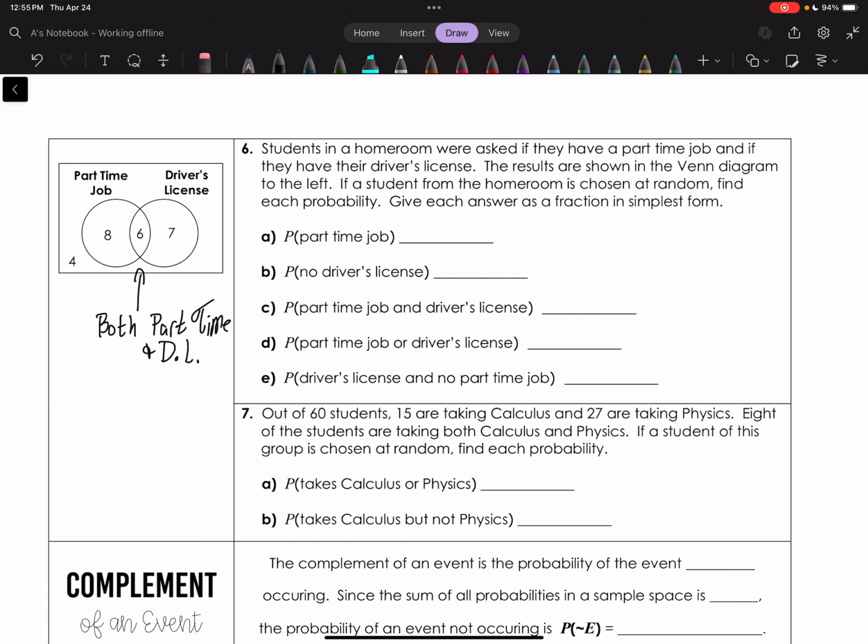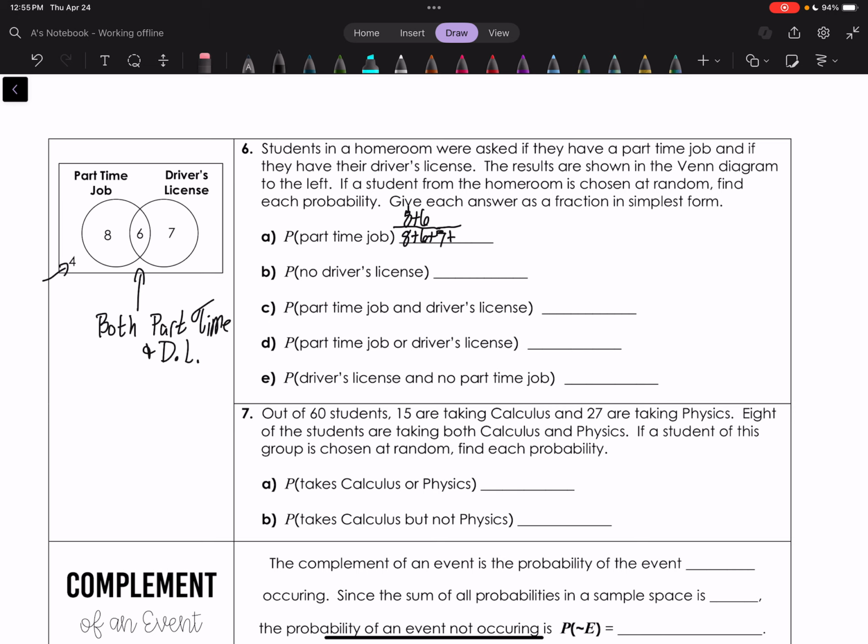So for a part-time job, I'm going to have the 8 that have just a part-time job plus the 6 that have both divided by my total amount of people, which is 8 plus 6 plus 7. Plus, because there's one more thing to look at, this 4 on the outside.